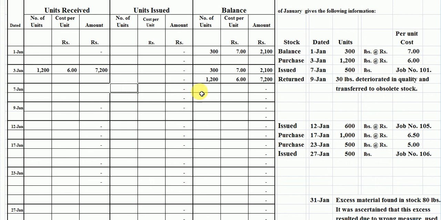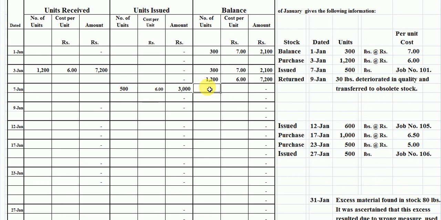Now you look at the last purchase, which is 1200 pounds at the rate of 6 per pound. You take this material first in issuing. 500 pounds of material, the rate is 6 per pound. Student, this is issuing materials to production, taken from the last purchase.